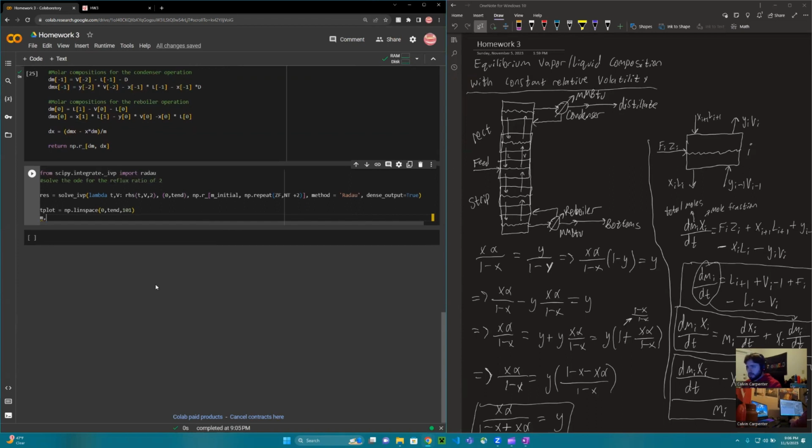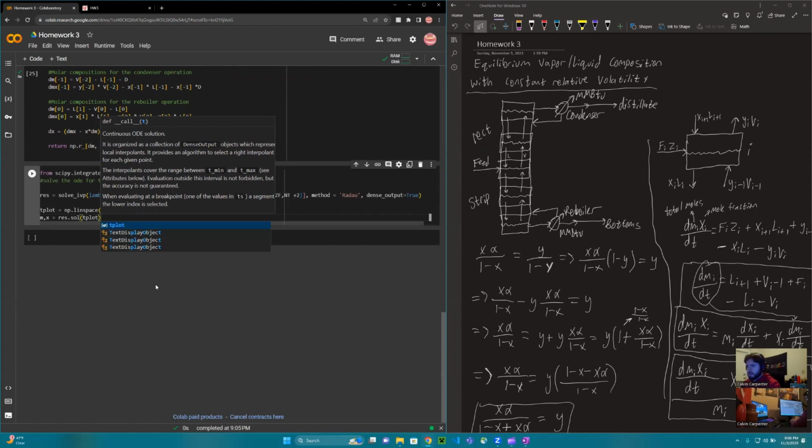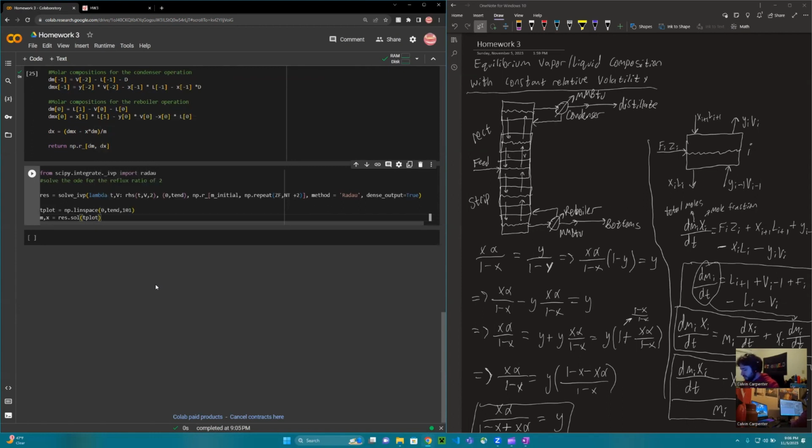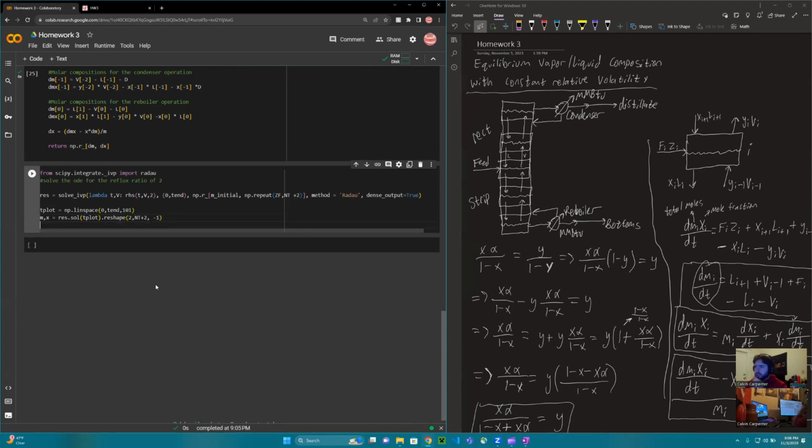Then m comma s dot sol, T plot, close parenthesis, in nt plus 2 comma 1, close parenthesis.